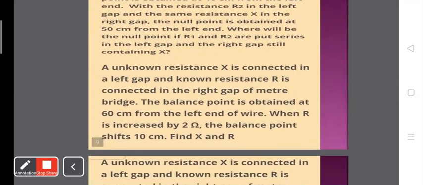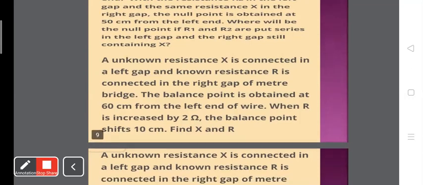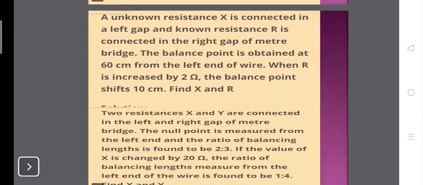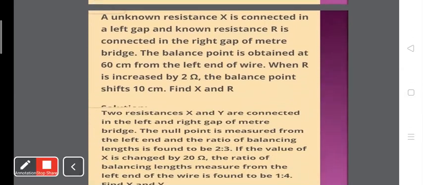Now next: an unknown resistance is connected in the left gap and a known resistance is connected in the right gap in a meter bridge. The balance point is obtained at 60 centimeter from the left of the wire. Now when R is increased by 2 ohm, the balance point shifts 10 centimeter. So you have to find the value of X and R. The formula is P upon Q equal to R upon S. Clear?